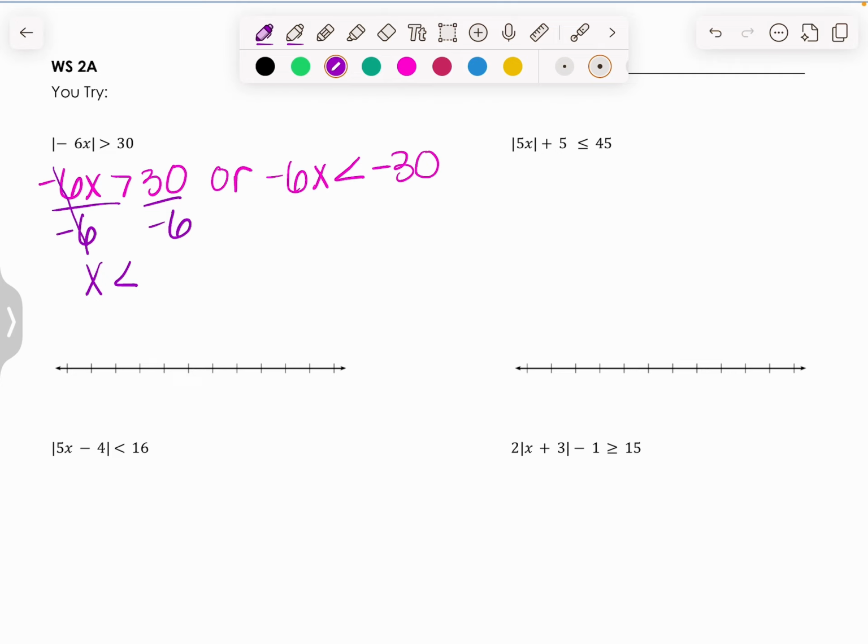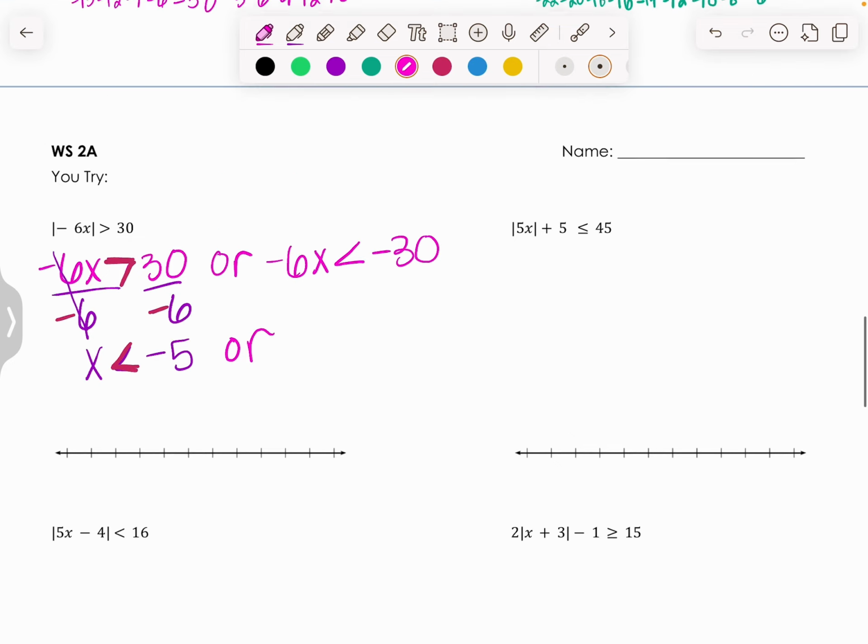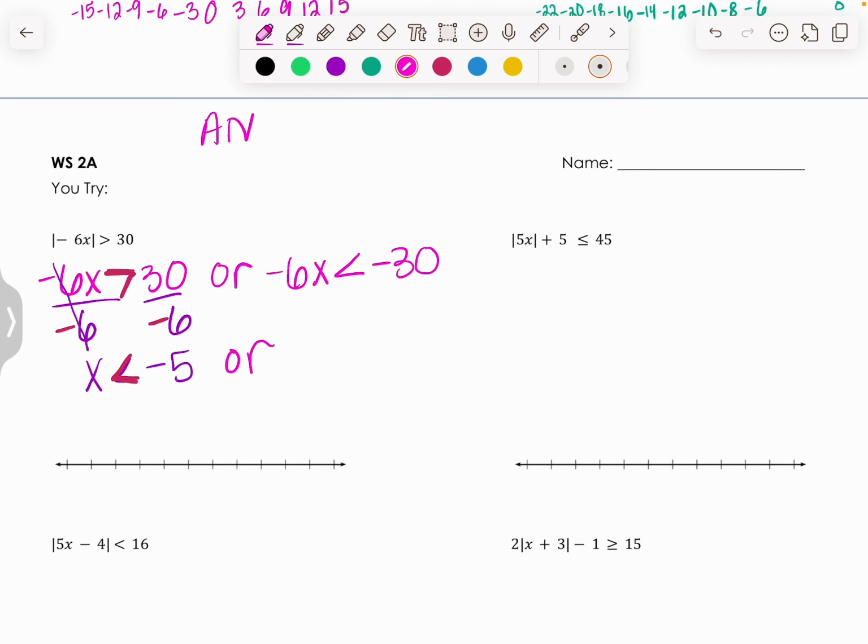So we get 30 divided by negative 6 is going to be negative 5. And because we divided by a negative 6, we went from greater than to less than. So you go ahead and finish this problem and make sure that you remember to flip your inequality. And when you're graphing an and, you should be between two values. And if you're graphing an or, it should be going the opposite way.